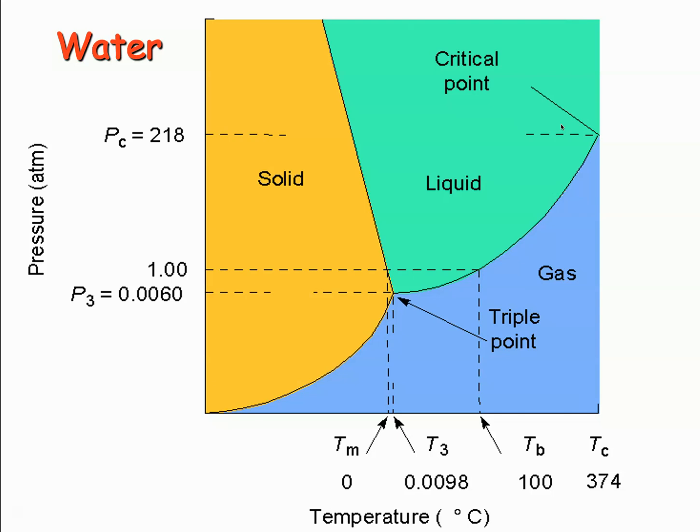So here's water. We can see its phase diagram. Again, 218 atmospheres or 374 degrees. The triple point is right there, smack dab in the middle. All three states coexist at the exact same time. Kind of a cool thing to actually see. But no matter where you are on the graph, if you change pressure and/or temperature, you can change the state that you are in.